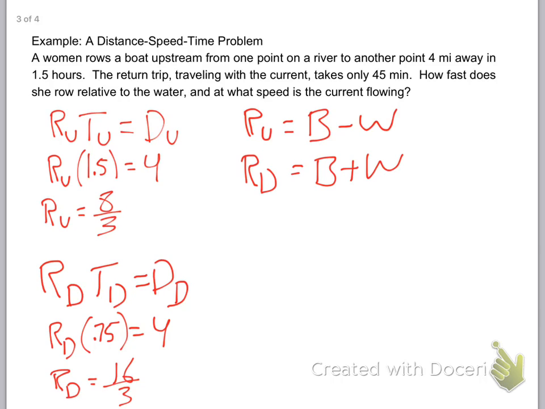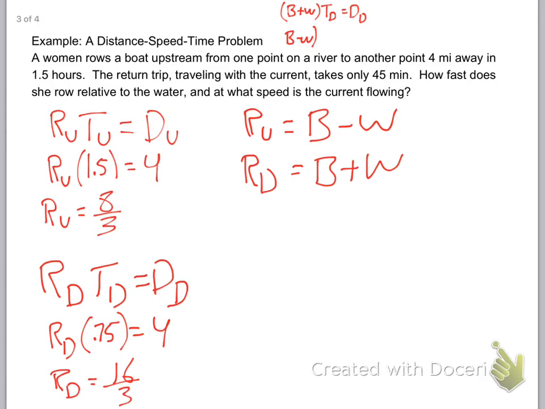Do you guys remember the equations we used last year? You guys remember that? No. Boat plus water times time down equals distance down.